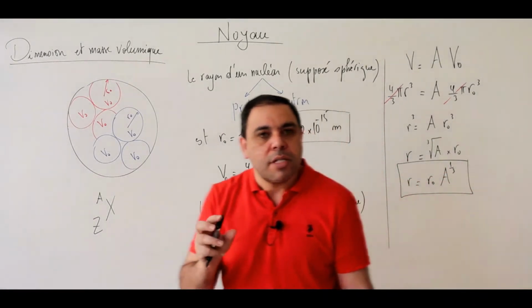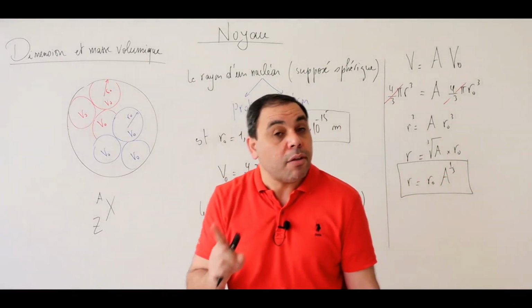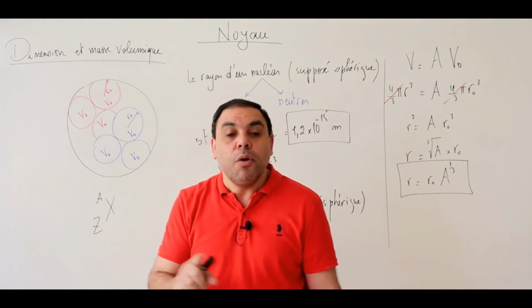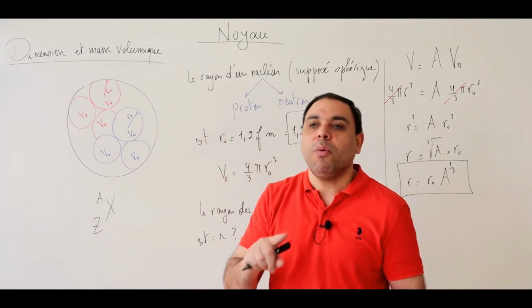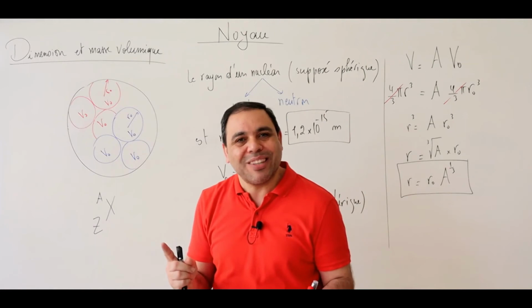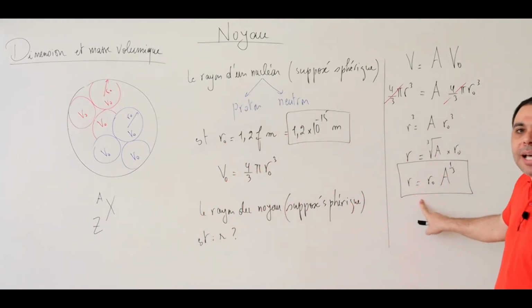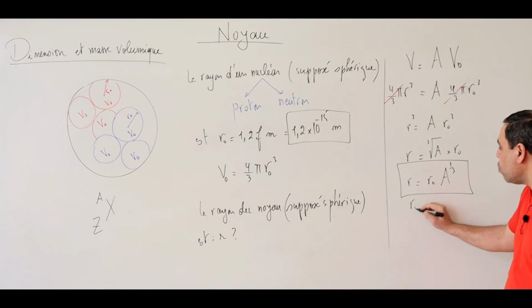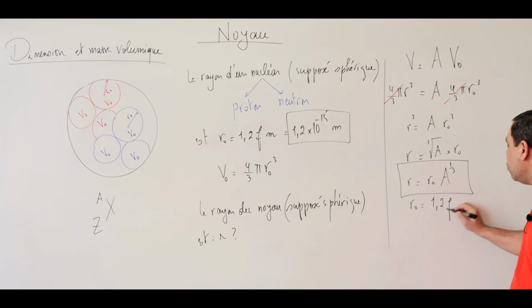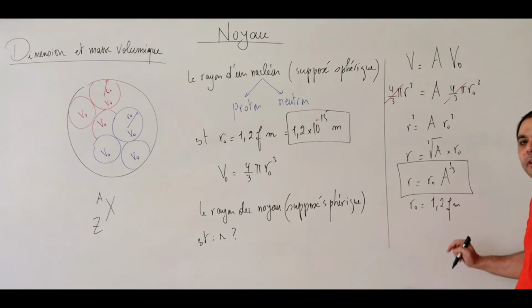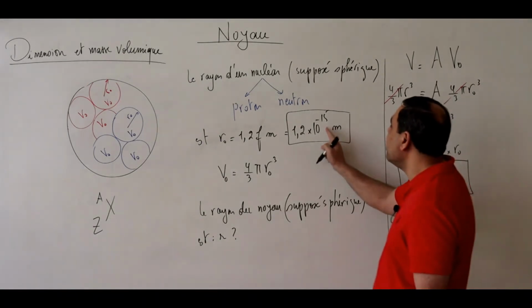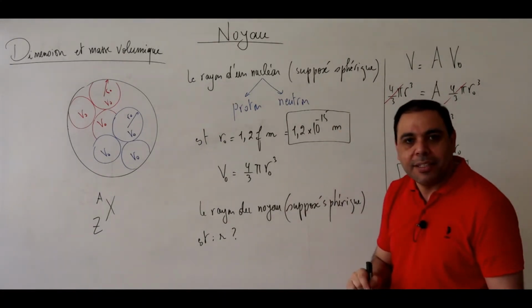Each nucleon is assumed a sphere of radius 1.2 Fermi. The radius of a nucleus depends on the number of its nucleons. The radius of a nucleus is given by this relation. R0 is always 1.2 Fermi. The Fermi is 10 exponent minus 15 meters.